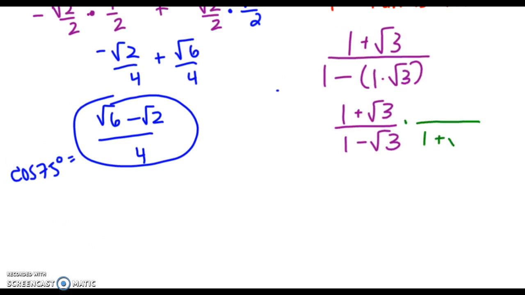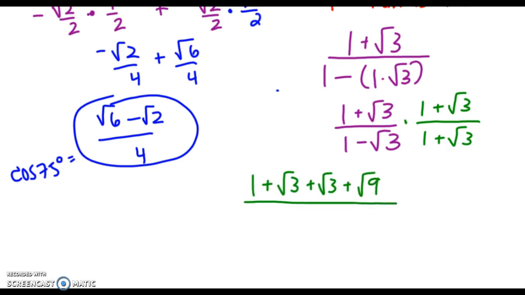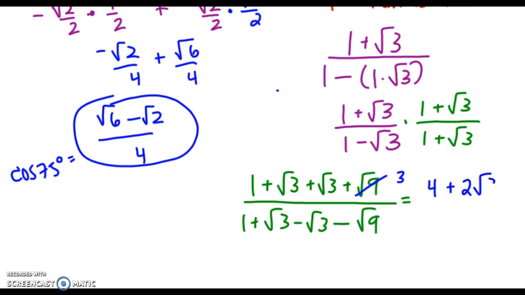So 1 plus radical 3, 1 plus radical 3. Numerator, this is going to change into 3. 1 plus 3 is 4, so 4 plus 2 radical 3 over, these guys cancel.